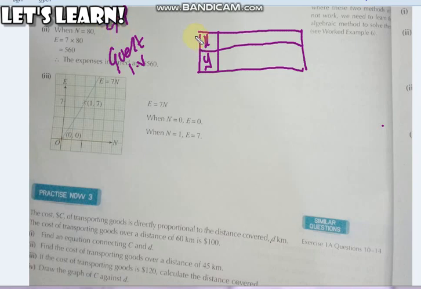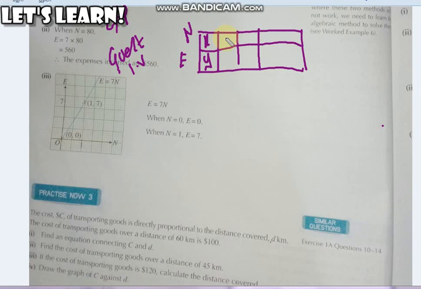So what I will be doing is I'm going to put the number of guests on the x-axis and the expenses on the y-axis. So whenever we're drawing a graph, the first step is you have to make a data table. For this purpose, आप क्या करोगे, अब आपके पास दो ऑप्शंस हैं. या तो आप कुछ वैल्यू चूज़ कर लो नंबर ऑफ गेस्ट की, that's your x-axis points, or choose some values of your y-axis.